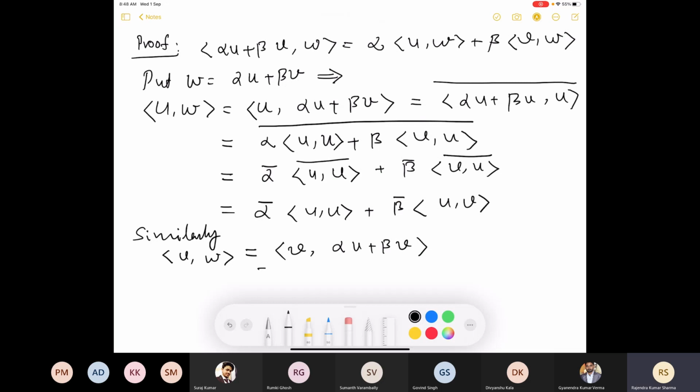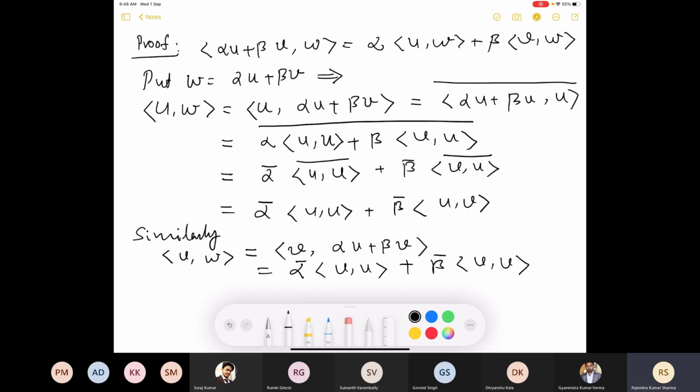And this is same as alpha bar v comma u plus beta bar v comma v. As we had already seen that when the scalars are there in the second coordinate, the conjugates of the coefficients come out.